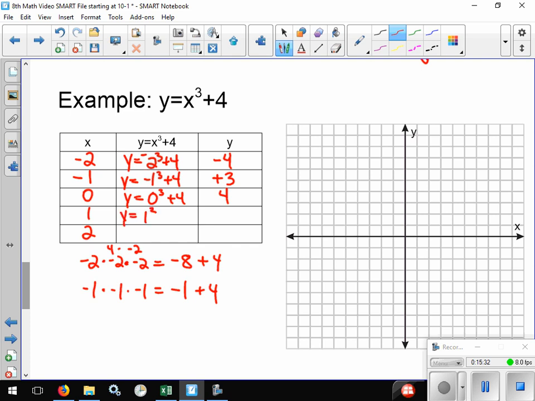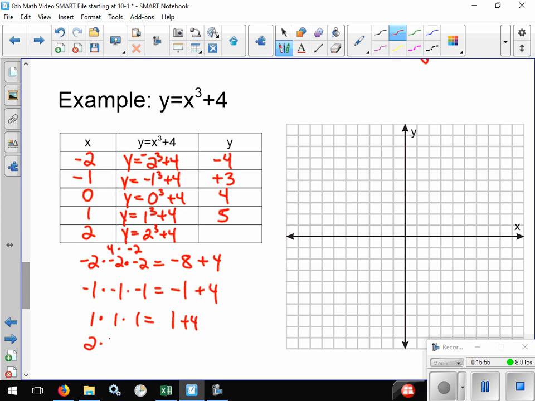Y equals 1 cubed plus 4. So we have 1 times 1 times 1 gives us 1. And then plus 4 gives us 5. Again, when you have these plus 4s and all that, this is where you see the pattern doesn't exist. It really isn't a pattern. Okay, so y equals 2 cubed plus 4.